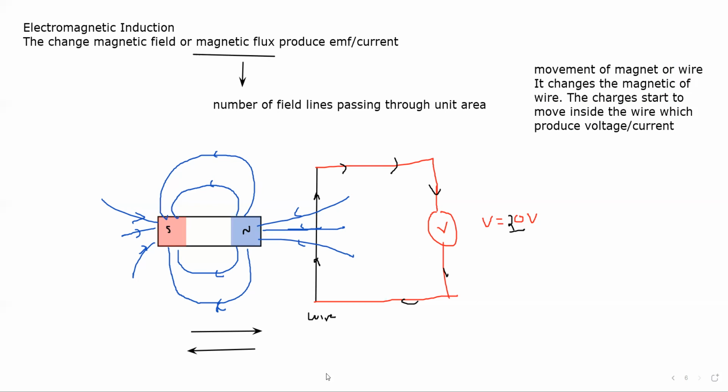So the idea is, whenever there is a change in magnetic field, there is always a voltage or current. If there is no change in magnetic field, there is no voltage or current.